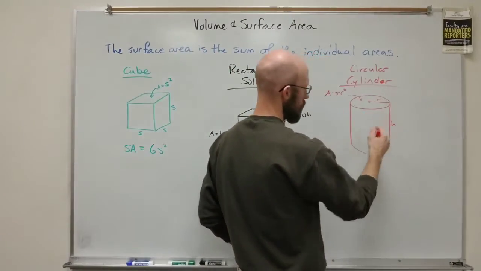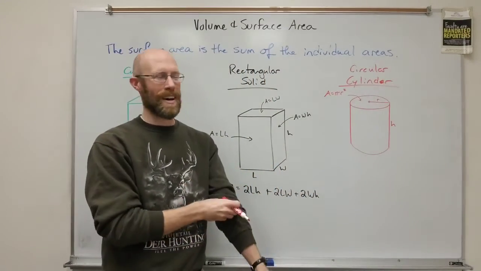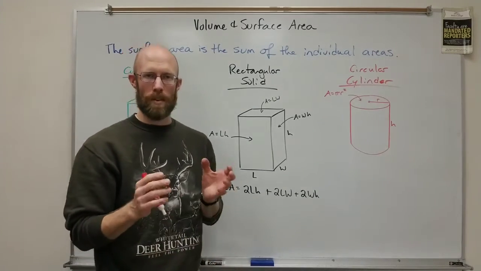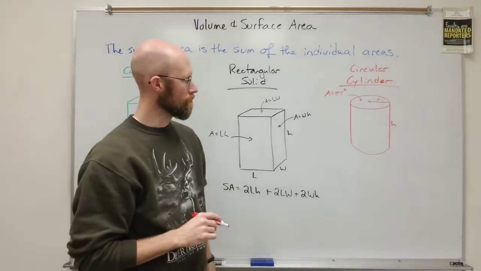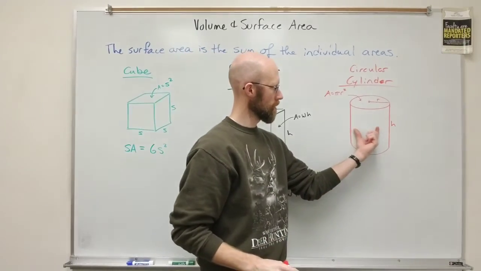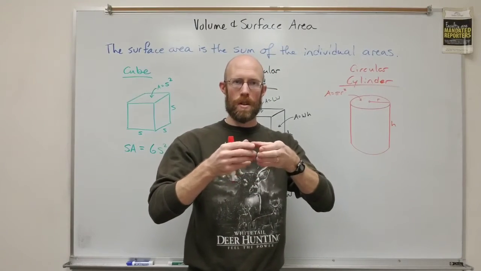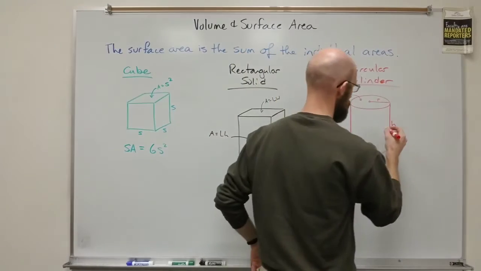Now for the actual toilet paper roll surface there, you can kind of imagine unrolling this thing. If I were to take this and unroll it out, that vertical surface ends up rolling out into a rectangle.